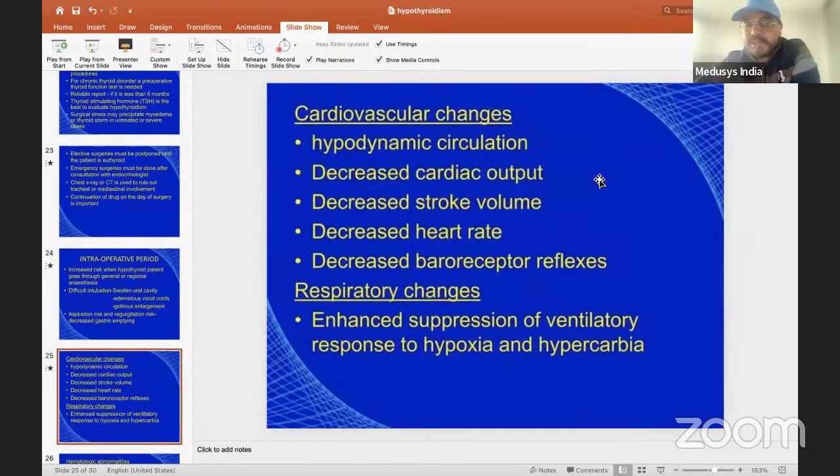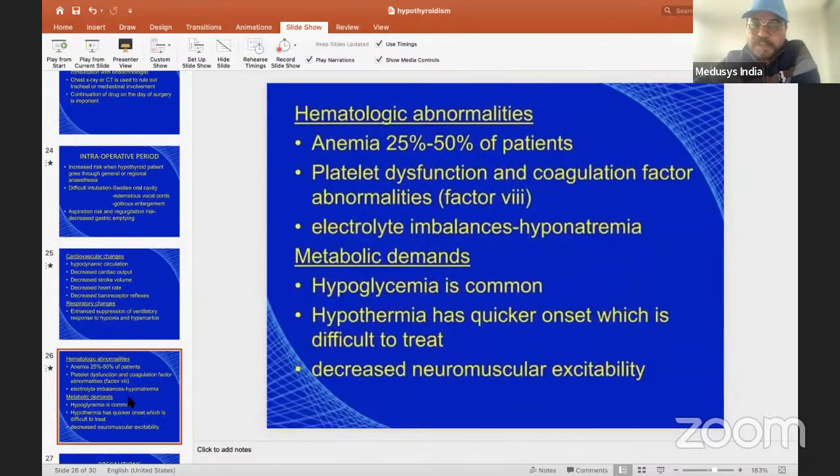Now, cardiovascular changes. The patient is having hypodynamic circulation, low blood pressure, decreased cardiac output, decreased stroke volume, decreased heart rate, decreased baroreceptor reflexes. Respiratory changes: enhanced suppression of ventilatory response to hypoxia and hypercarbia. Hematological abnormalities: anemia in 25 to 50% of the patients, platelet dysfunction and coagulation factor abnormalities.